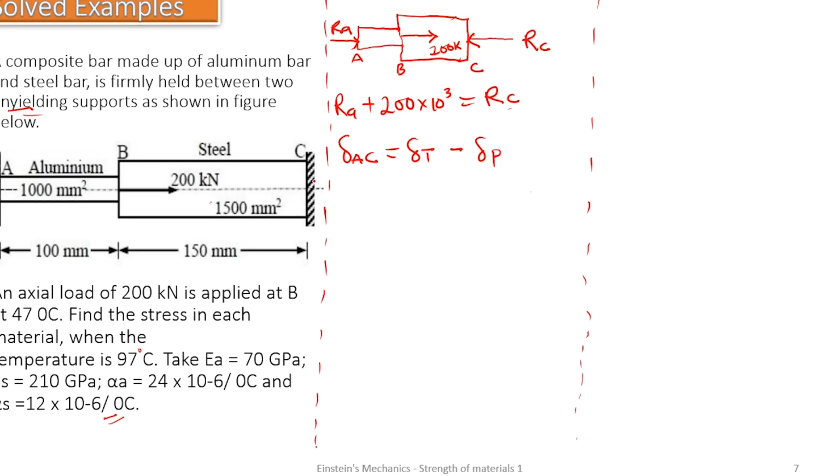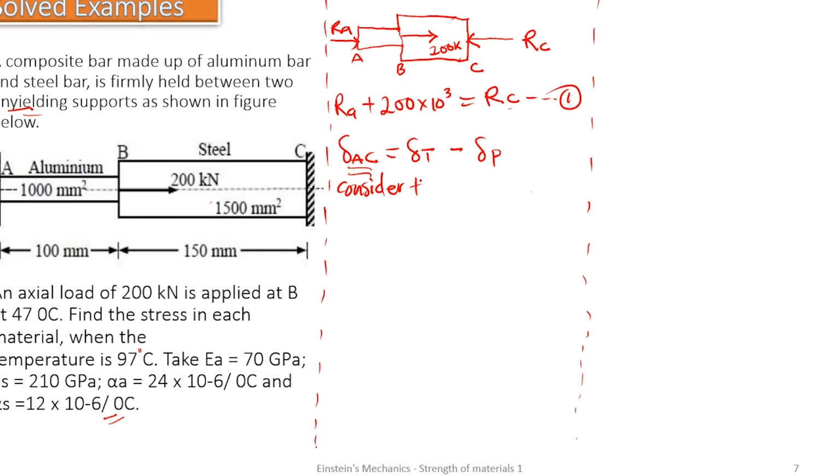Are we good? So when we take the deflection by the force and the deflection by the temperature, we are going to get the entire deflection. This is what we have. So we are going to consider, first let's consider the temperature effect. So this is our equation 1.